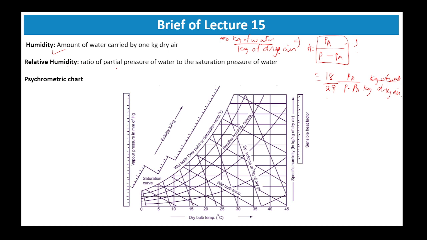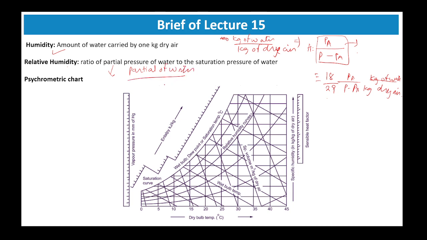Now, relative humidity is nothing but the comparison between the maximum storing capacity of water in air and what is actually present. So this is the partial pressure of water in the present situation.